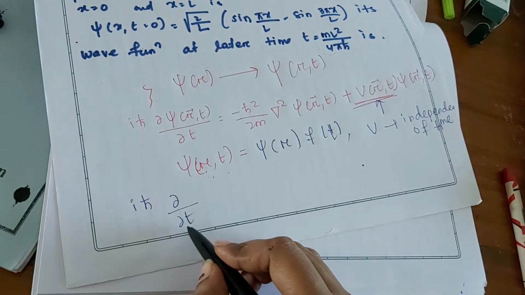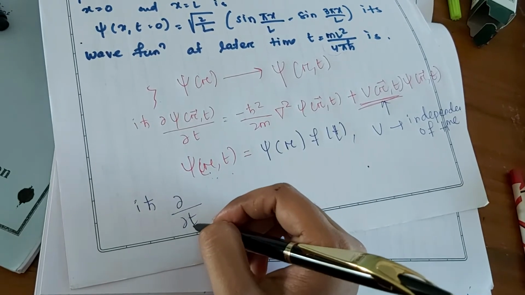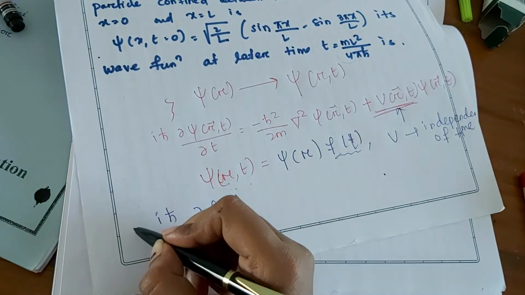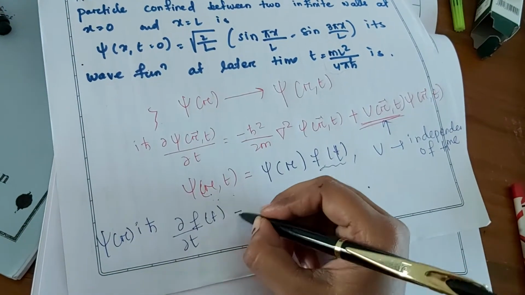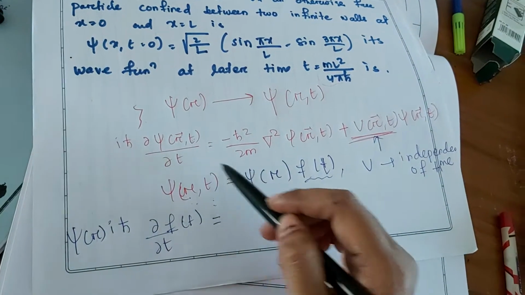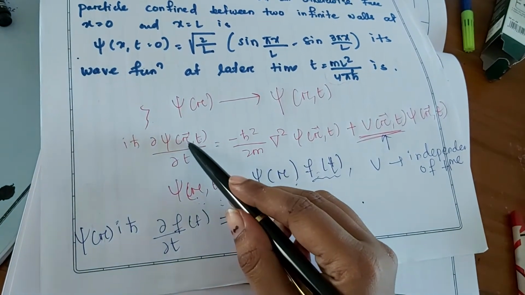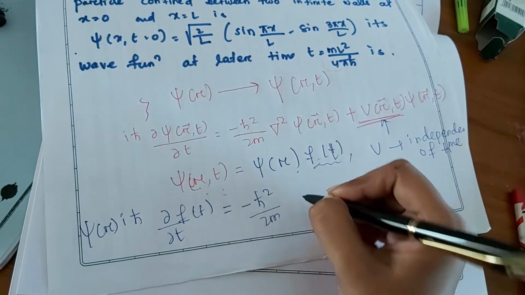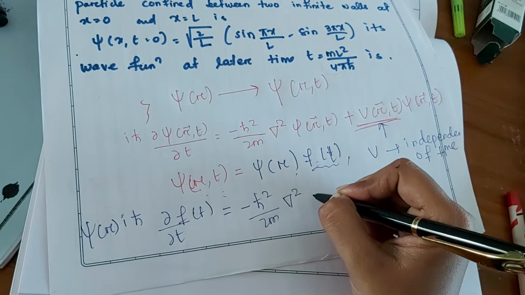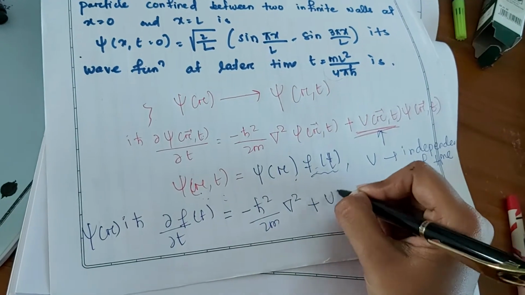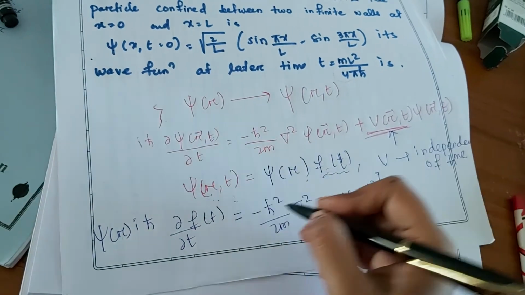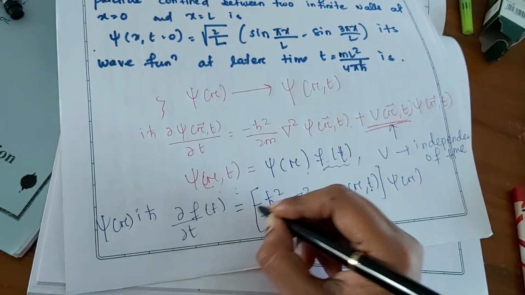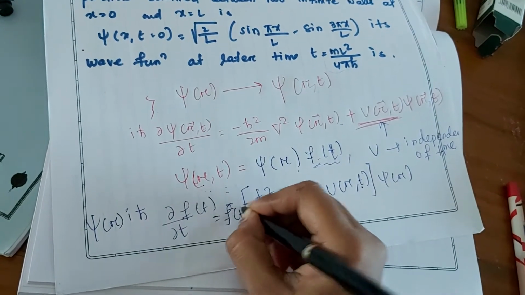This is only a function of time, so this partial differentiation with respect to time will only act on the time part, and here I have psi(r). That is equal to, substituting psi(r, t) equal to psi(r) f(t), minus h cut square by 2m del square plus u, where I can take psi(r) out, and f(t) here.